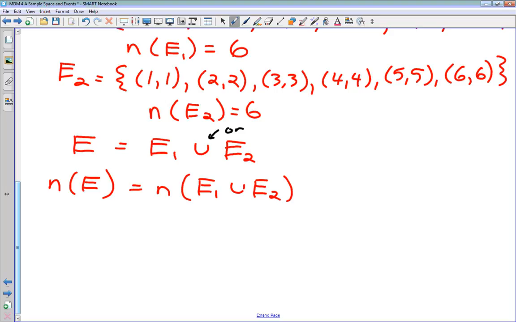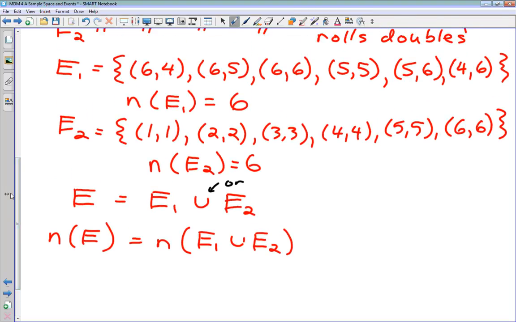So there are 6 elements in E1. There are 6 elements in E2. How many elements are there in the union of E1 and E2? Now you might think, oh, we just take the 6 and the 6 and add them together. But what does that ignore? It ignores the fact that we have elements that are common to both E1 and E2.